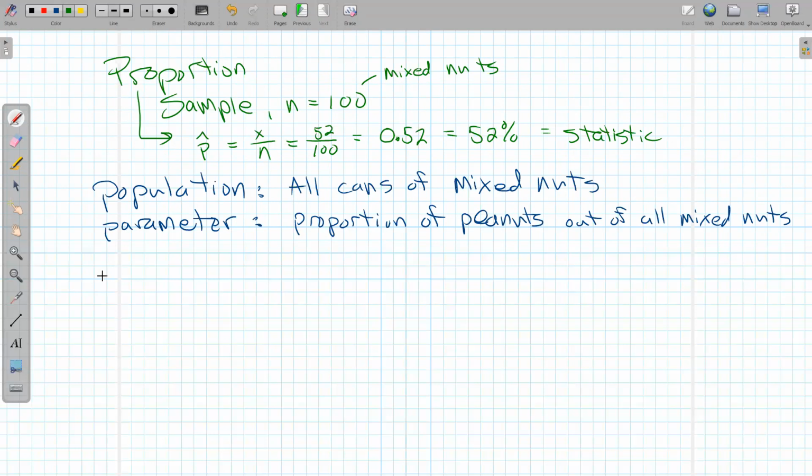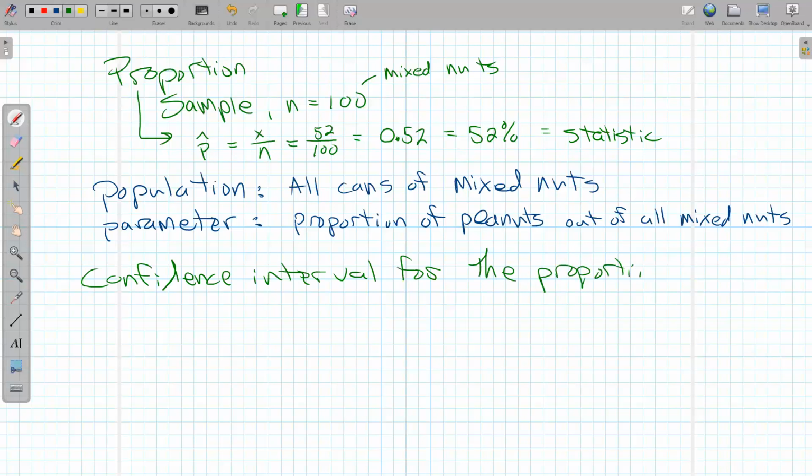So I'm trying to find a confidence interval for the proportion of peanuts in all mixed nuts.